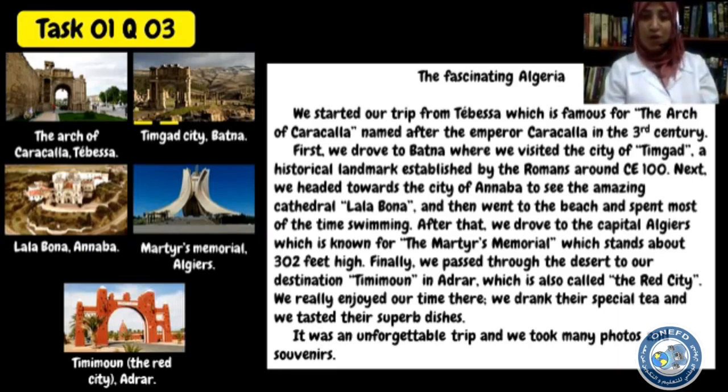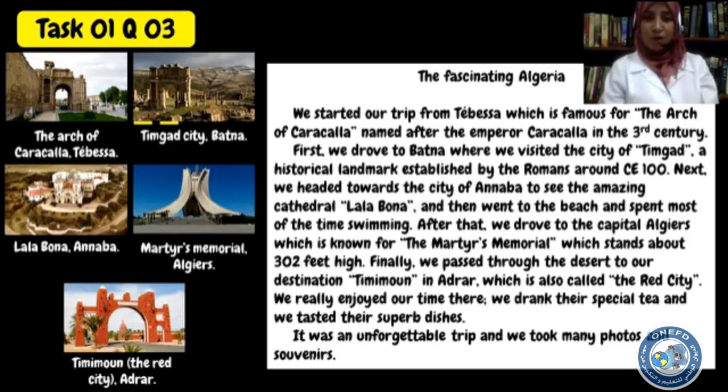First, we drove to Batna, where we visited the city of Timgad, a historical landmark established by the Romans around 100 Common Era. Next, we headed towards the city of Annaba to see the amazing cathedral La Laguna, and then went to the beach and spent most of the time swimming.